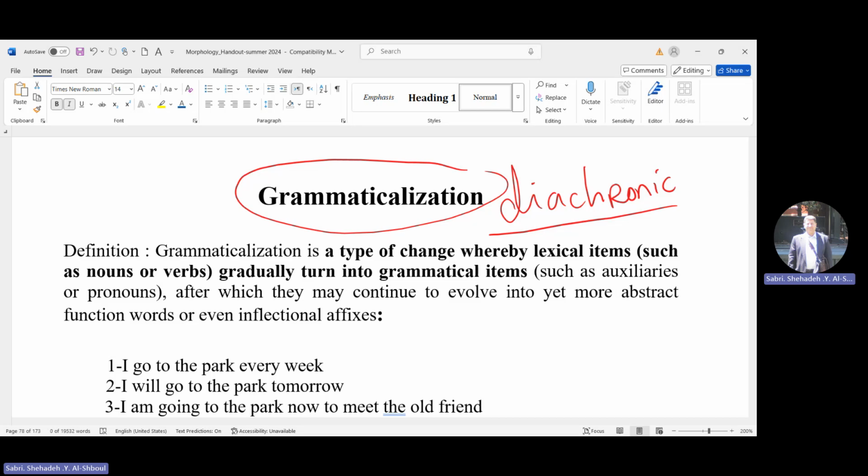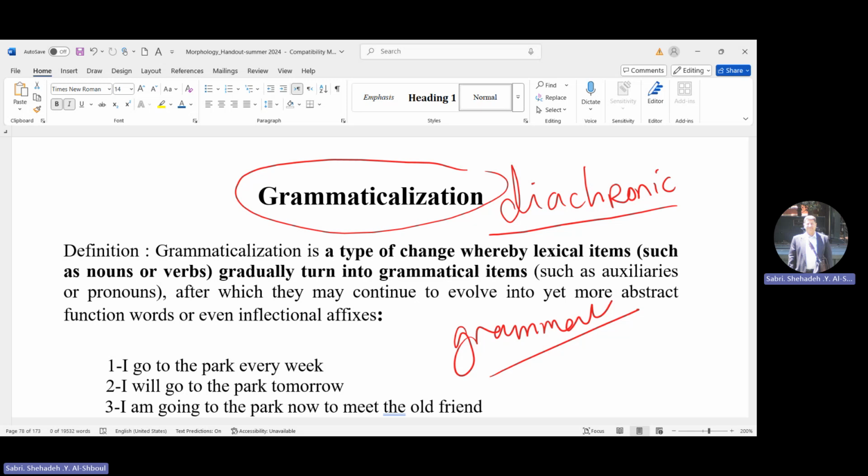If we look into grammaticalization, it is similar to the notion of grammar. When we talk about grammar at the traditional level, it is grammatical forms, the forms that do not have any semantic content, but they add a kind of function in the understanding and the building of the sentence or the construction.